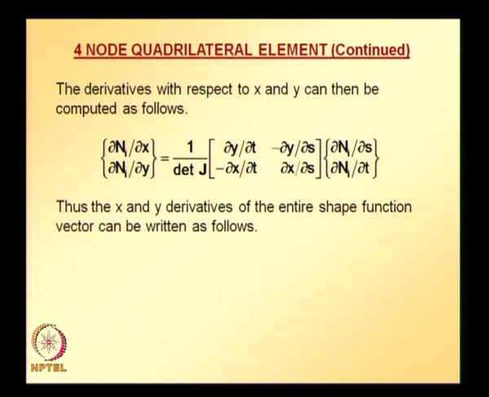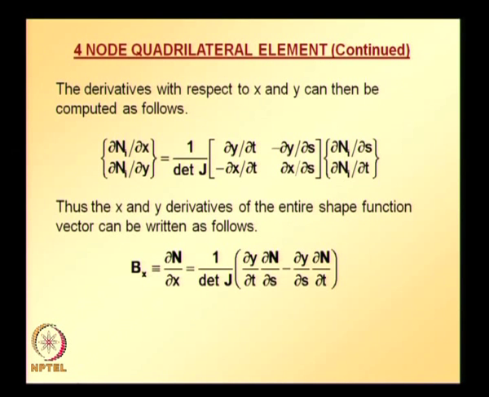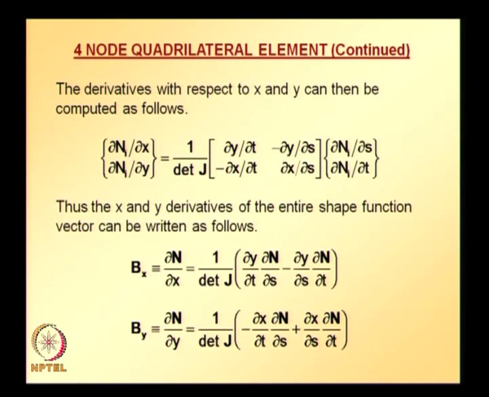Thus the x and y derivatives of the entire shape function vector can be written, writing shape function derivatives with respect to x as a separate vector Bx, B subscript x. We can write this relation from the previous equation, and similarly By.